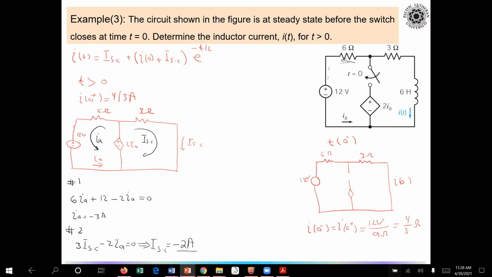R Thevenin. Okay, how can we find it? Open the circuit. Okay, why? Open the circuit to mean this part. And then what next after we open it?